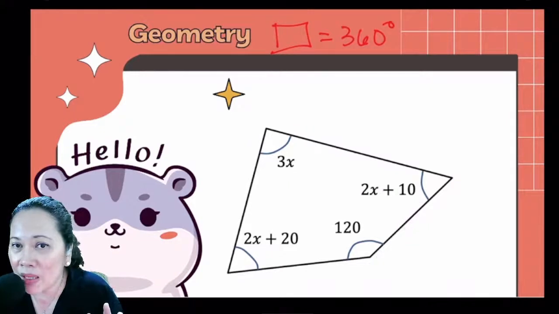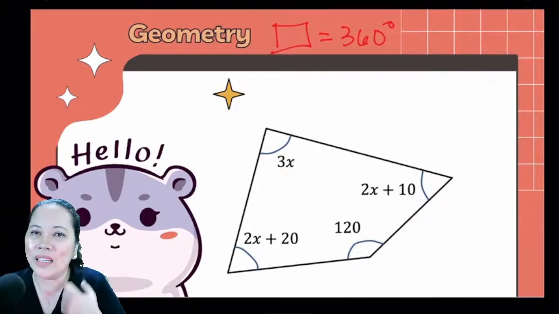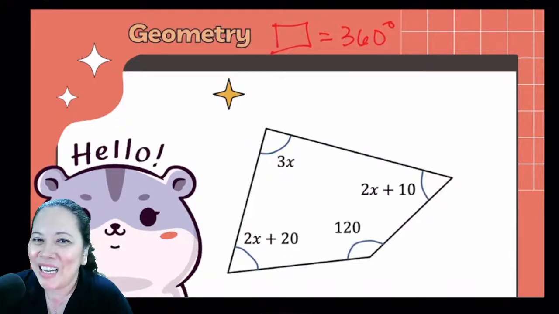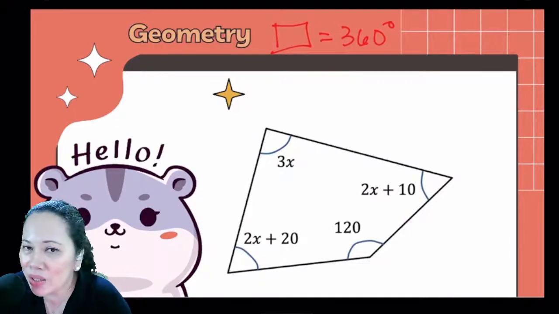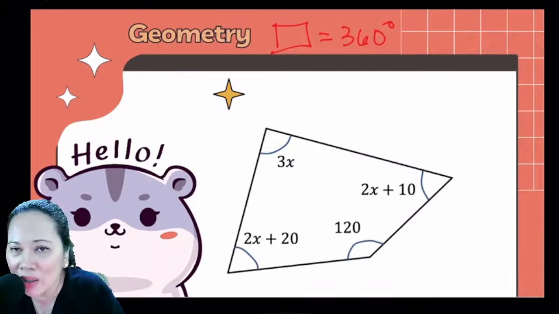Whatever the shape, as long as it's four-sided and has four angles inside, the sum will be 360, as long as it's not anything weird. So all we need to do is add all these sides.